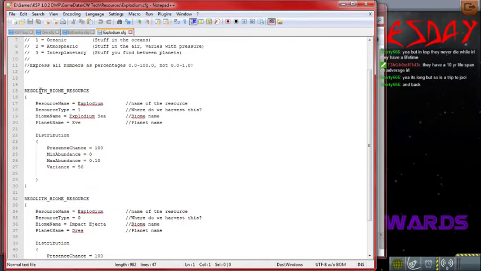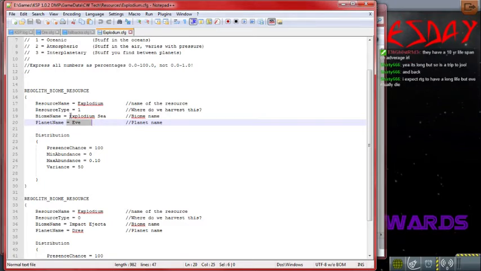So as you can see from the biome resource, it is set to type 1, which is oceanic, and put it in the Explodium Sea on Eve. That's pretty much where I got the name from. So those bodies of water, of liquid rather, on Eve, you're gonna have to land on them.